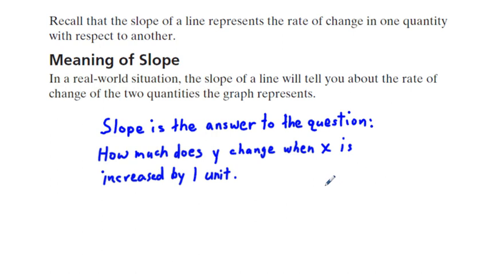And so what you can have is you can have the change in y over change in x. And we talked about that quite a bit in lesson 18.